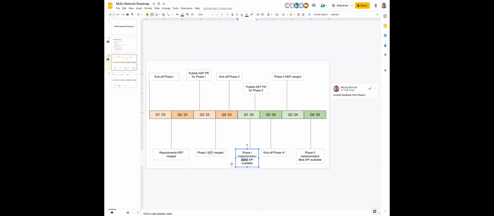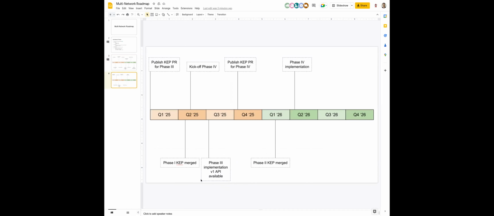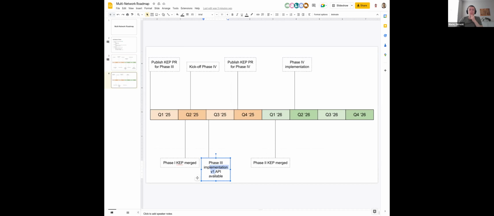So I'm a little bit wondering whether we can say GA means the version 1 API. So yes, this phase 3 implementation, V1 API available, this means the GA, I think. Yes, that's the GA. So this is V1. This is the final version of what we think. Consider that the APIs are at that level, right?